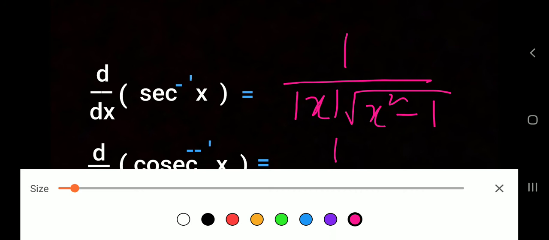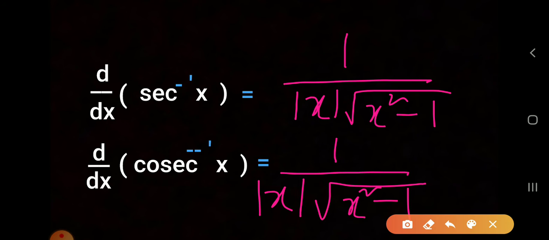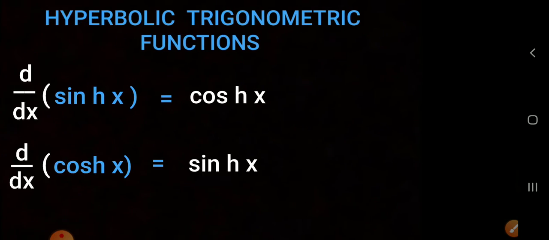That is the minus again, since it starts with C. So the derivative of secant inverse x equals 1 by mod x into under root x square minus 1, but the derivative of cosecant inverse x we simply write with a minus before it: minus 1 by mod x into under root of x square minus 1. This is the difference between secant inverse x and cosecant inverse x.